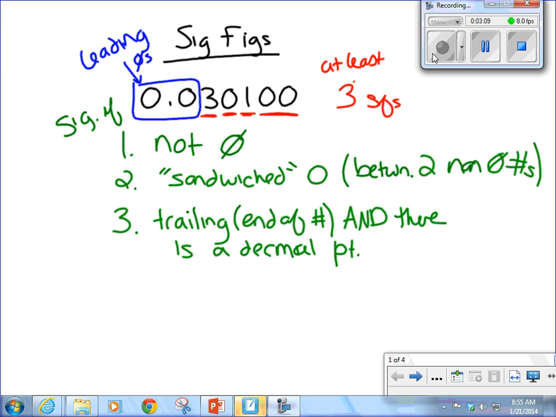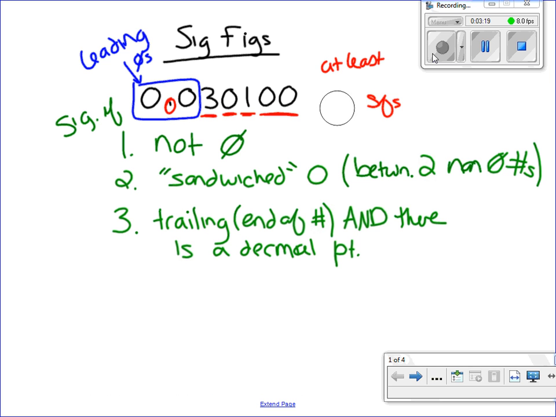That means zeros in the front of the number. Okay? The trailing zeros are significant in this case because there is a decimal point anywhere in the number. There's the decimal point. Because I have a decimal point anywhere, those become significant, and I have 5 sig figs in this number. Leading zeros are never significant, whether there's a decimal point or not.